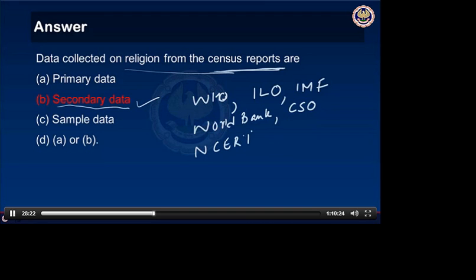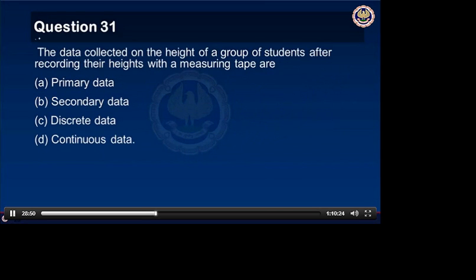These are the various sources from which we get secondary data, and we can use all the data published by these agencies and many more, and then make an analysis out of that. So data collected on religion from the census is secondary data. We are using data available from various sources and analyzing it with regard to religion. So let's do question number 31.